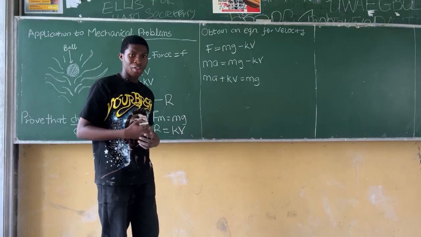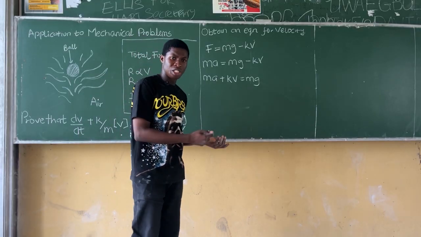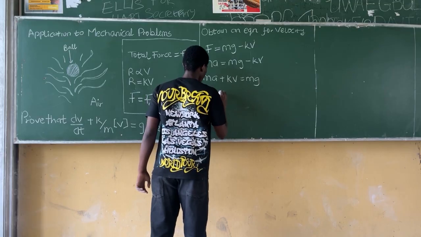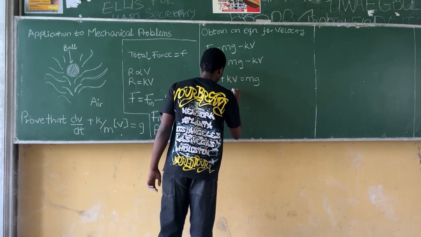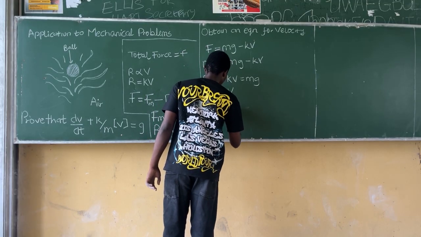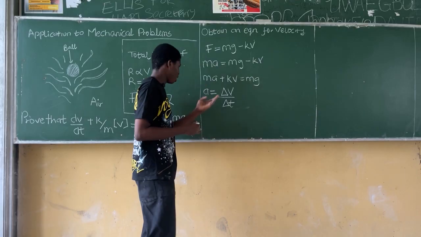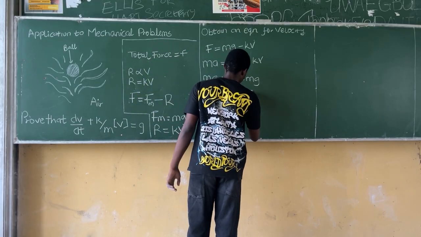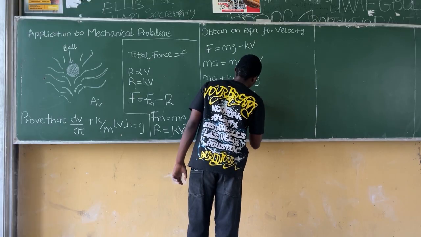We know that acceleration is basically velocity changing with time. So acceleration is equal to change in velocity divided by change in time, which simply means dv over dt.